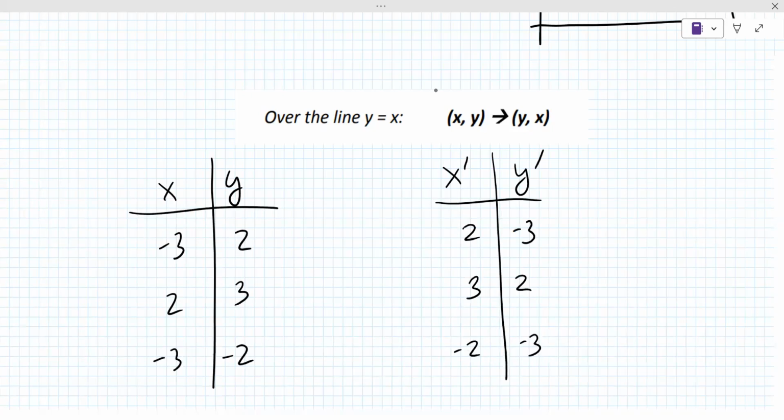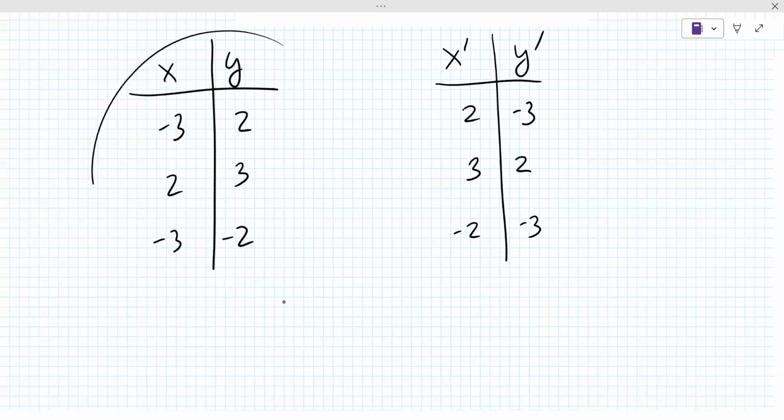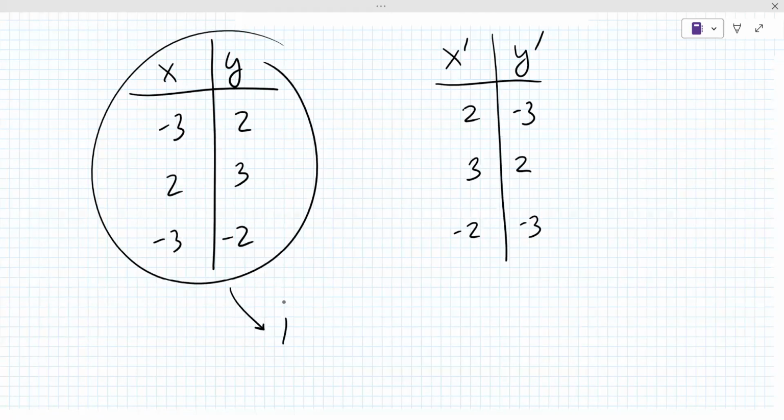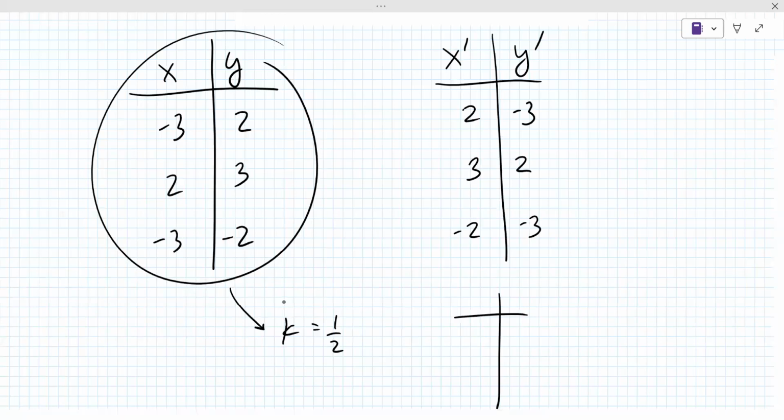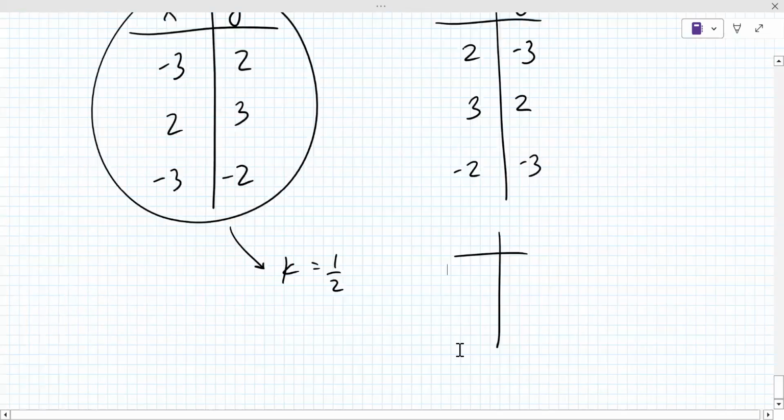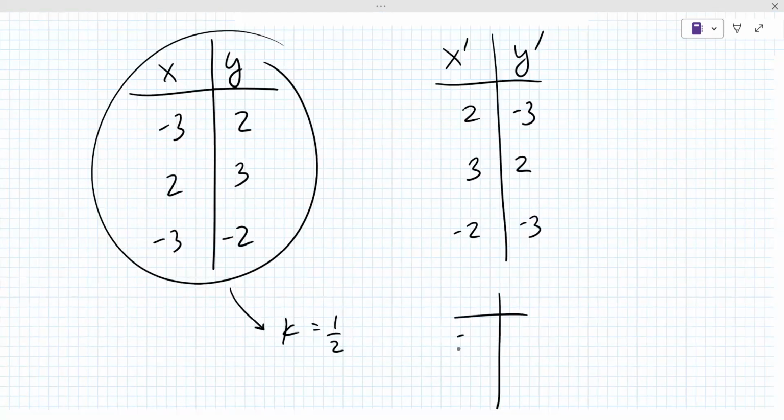Now last problem here. Let's take this and run it through a k of 1/2. Then that would be -1.5, and then 1, -1.5 once again.